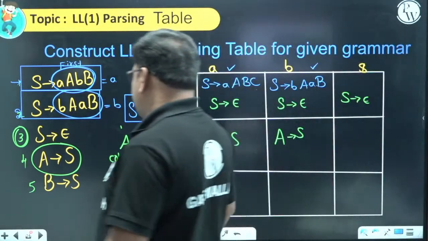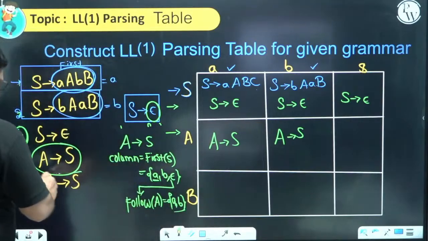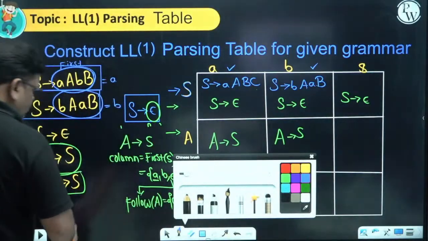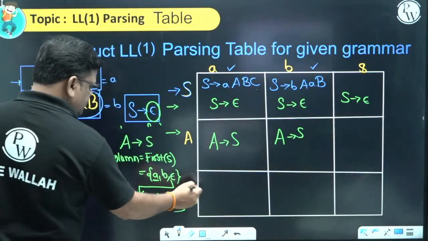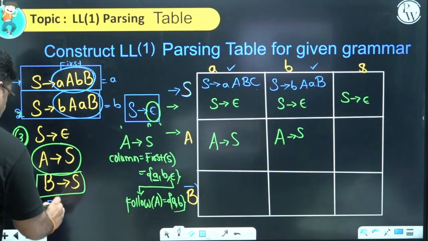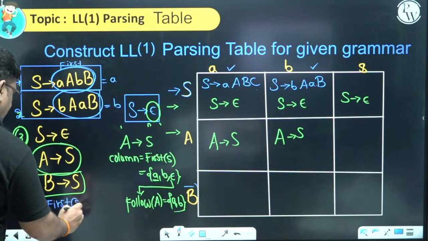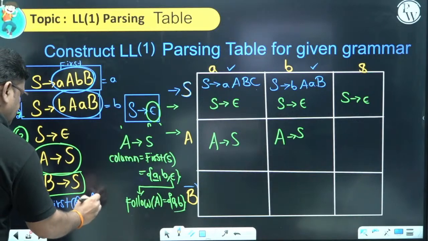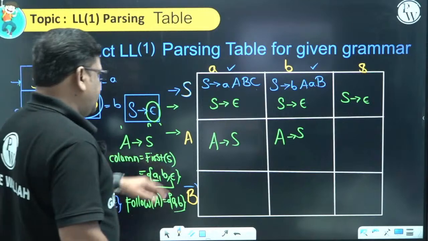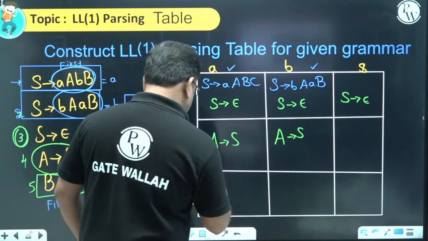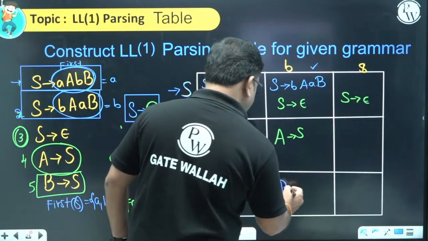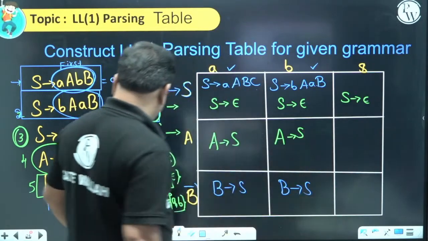Last one, the fifth production, B to S. Same thing, the row for this is B, a known thing. How do we decide the column? Based on first of S. First of S is A, B, epsilon. So in column A we have to give this production, and in column B we have to give this production.